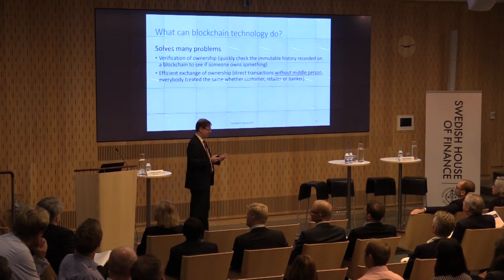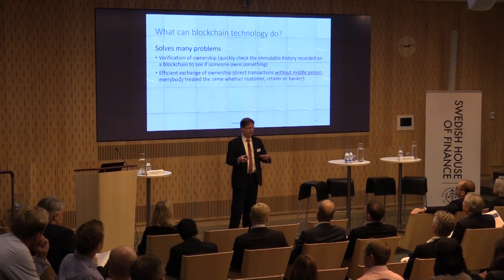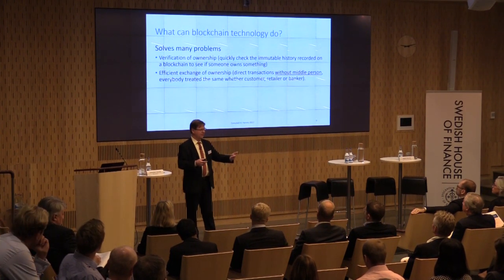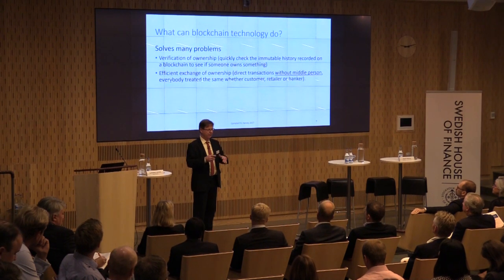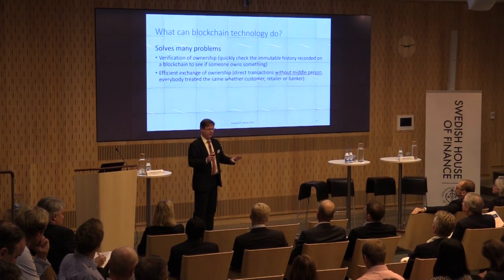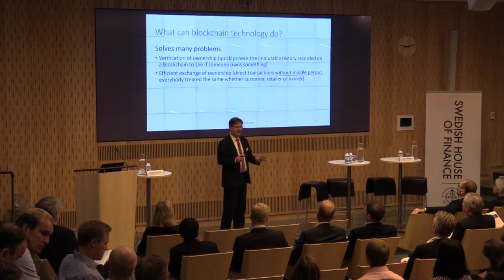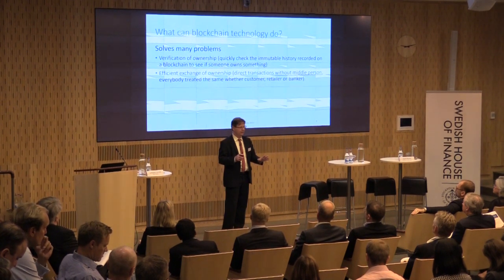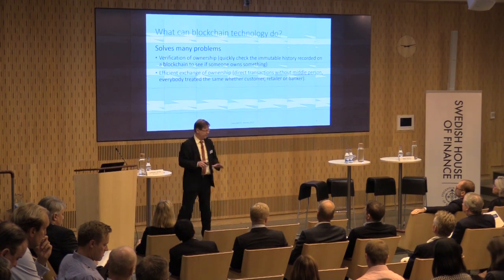The second aspect is the efficient exchange of ownership. You go into the ledger, you can see that somebody owns something, you can do a transaction and transfer the ownership to you, and we're done. Again, the security is very important here. The lack of going and changing or rewriting history is very important here. So it's very quick and very efficient.